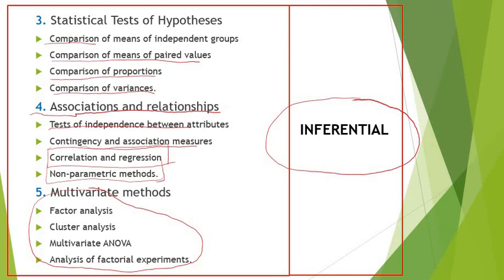Now these have 5 elements. One is the population of interest. Second is the one or more variables that are investigated. Third, the sample of population units.